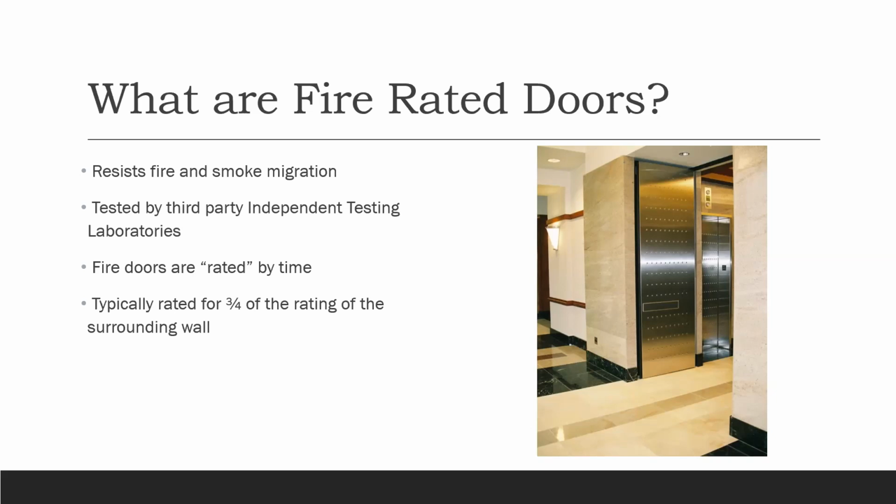And so rated doors are evaluated for their fire performance in accordance with UL 10A, UL 10B, or UL 10C. And so they're going to have on their label the rating, A, B, C, 20-minute label, and the door is typically going to be rated for 3/4 of the surrounding wall.